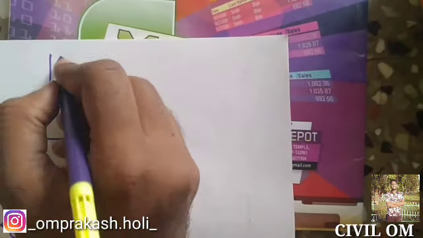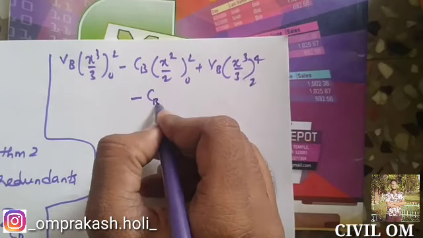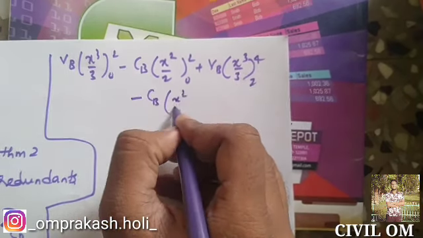VB into x cube upon 3 over the limits 0 to 2 minus CB x square upon 2 over the limits 0 to 2, VB x cube upon 3 over the limits 2 to 4 minus CB x square upon 2 over the limits 2 to 4 plus 100 x square upon 2 over the limits 2 to 4 is equal to 0.